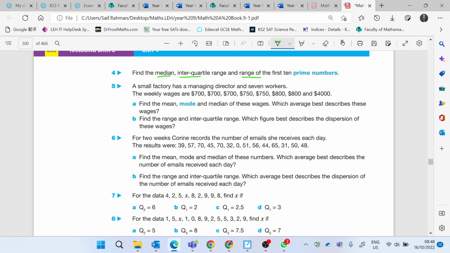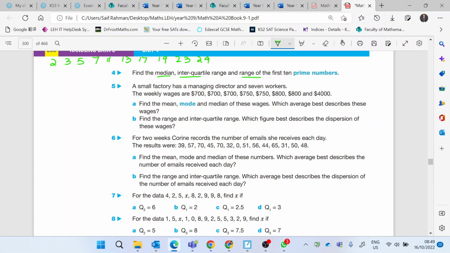Okay, so the first prime number is 2, the next prime number is 3, the next is 5, the next is 7, the next is 11, the next is 13, and the next is 17, and the next prime number is 19, the next is 23, and the next is 29. 1, 2, 3, 4, 5, 6, 7, 8, 9, 10.